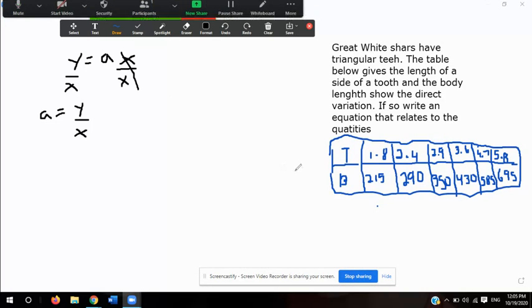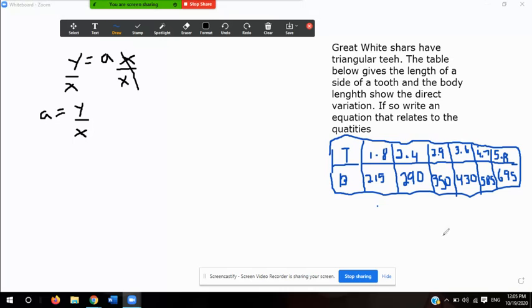Because x, which here would be the length of the teeth, is affecting the results I'm getting for the body length, we assume that y would be the body length.